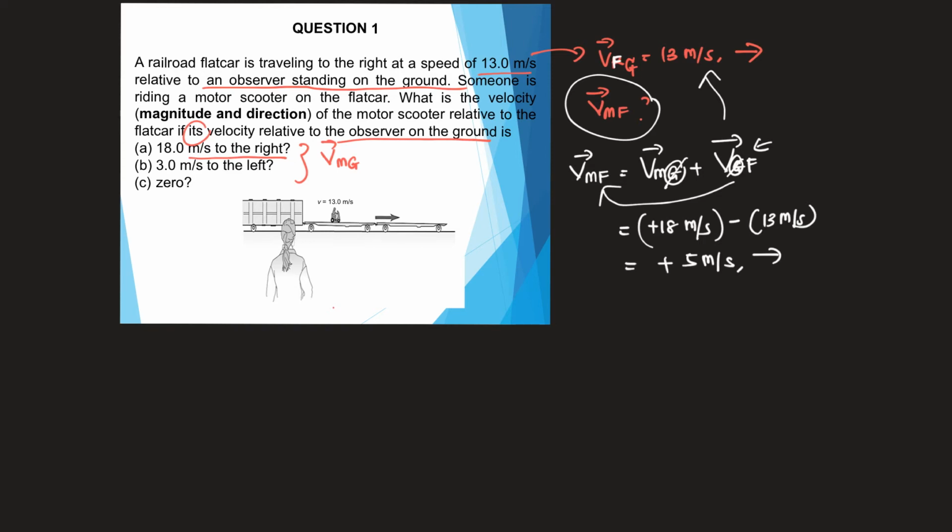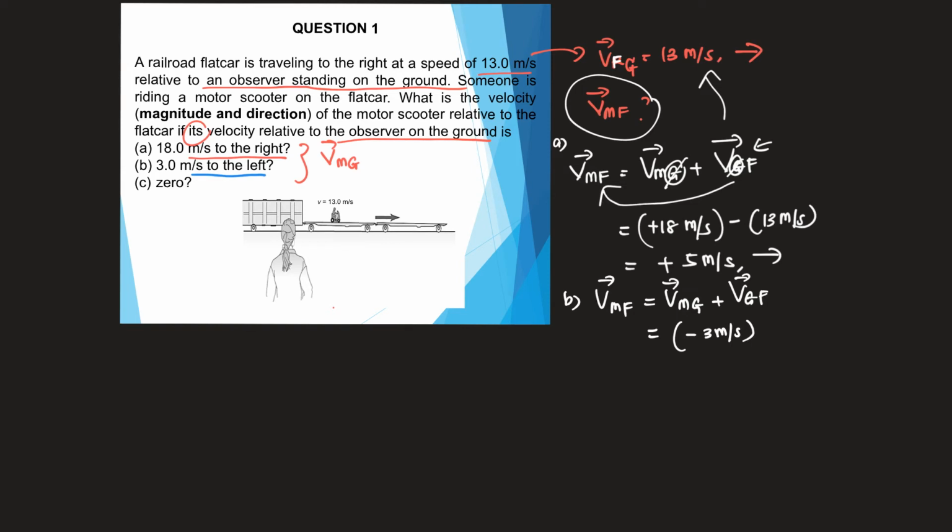So for question B, what is the velocity? We are going to use the same vector equation. The question states that the velocity of the motor relative to the ground is 3 meter per second to the left, so you put negative 3 meter per second because it's moving to the left.